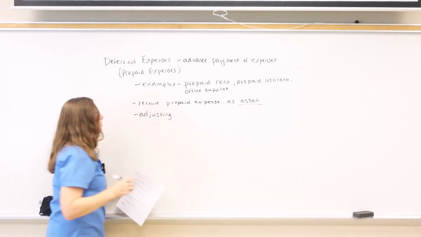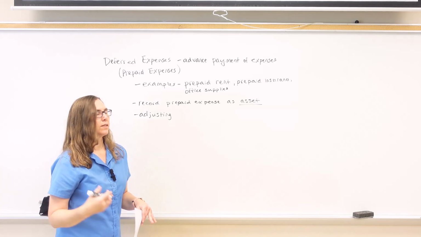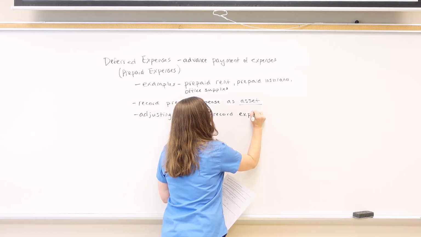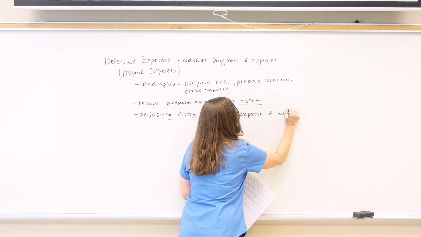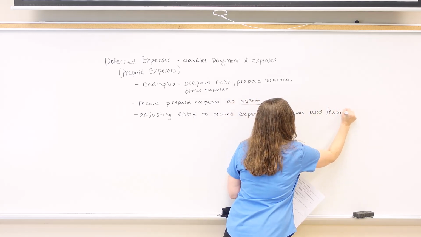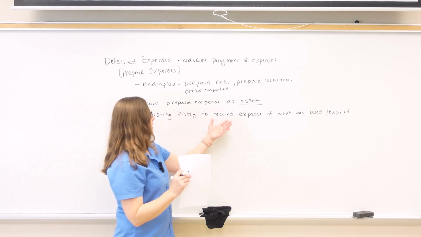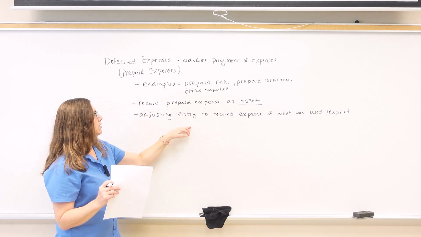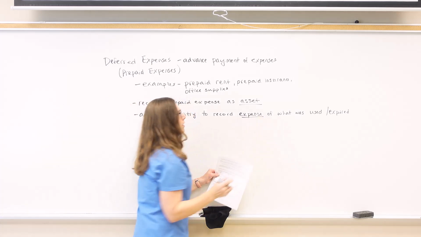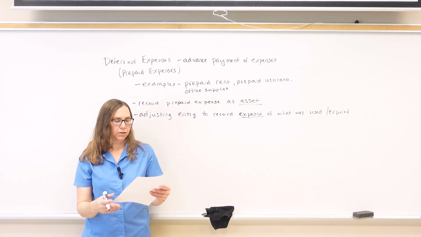So you can do these adjustments any time of the year, but you would really look at things at the end of the year. So basically you're recording the prepaid expense as the asset account, and then at the end of the year or end of the month, you would do an adjusting entry to record the expense of what was used up or expired. So let me walk through an example of that.